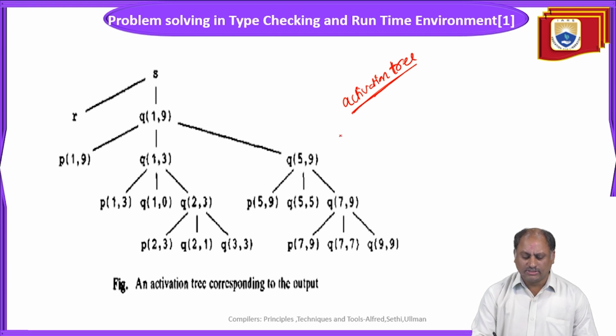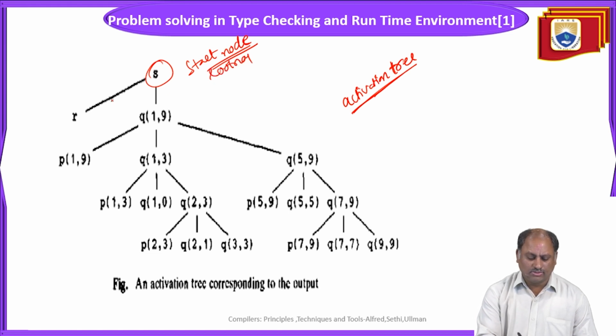In this activation tree, the first node is the start node, or root node. Then immediately we perform quicksort of m comma n, that is quicksort of 1 comma 9.